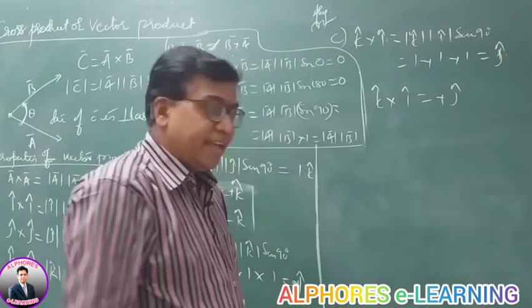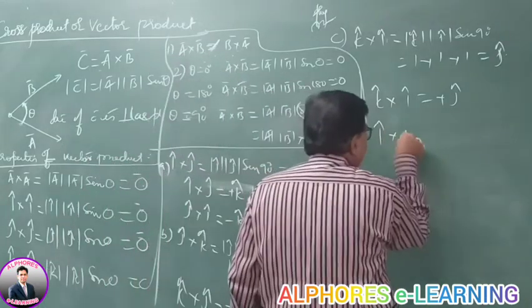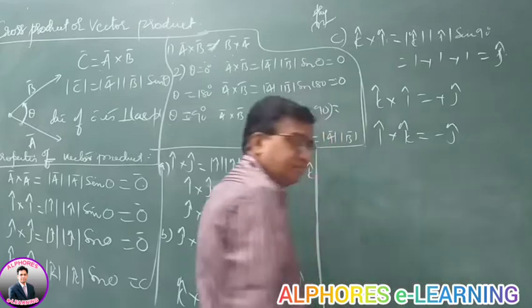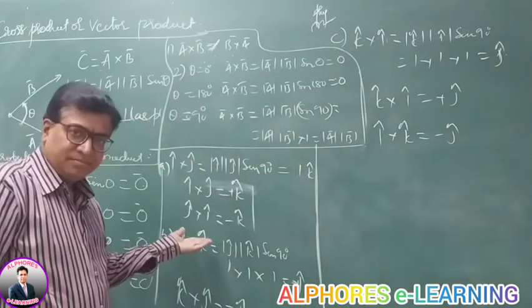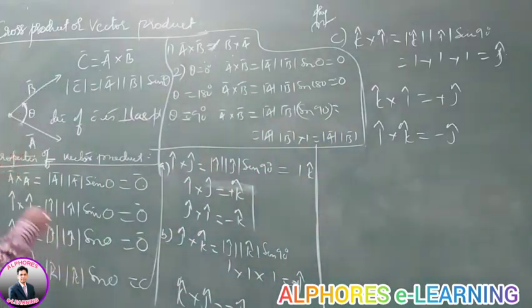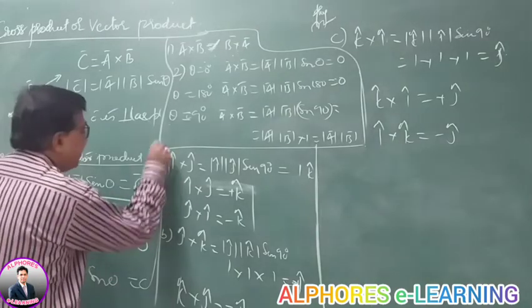Well, how about i cross k? Obviously it is similar, right? So these identities are very important.